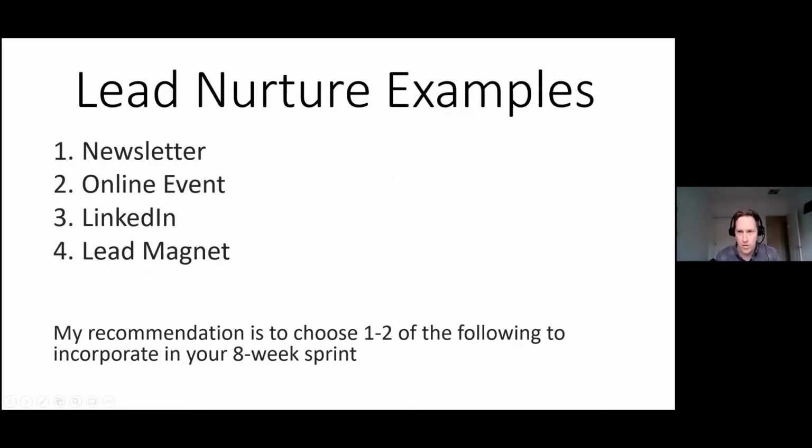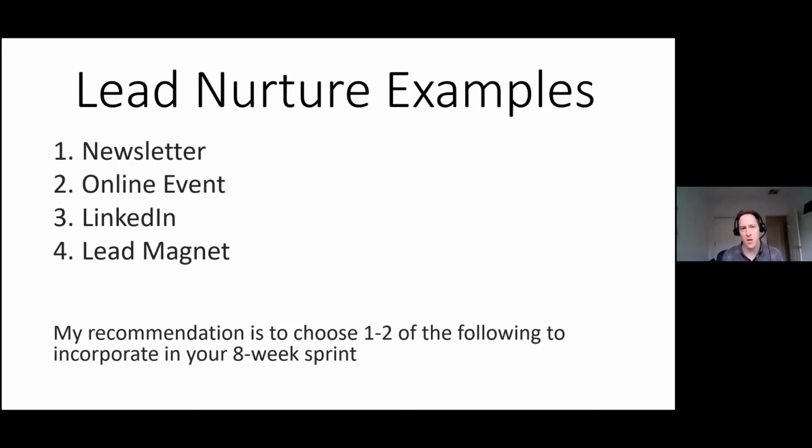So what we're going to do now is talk through some of these worked examples. I want to run through probably the four key ones: newsletter, online event, LinkedIn, and lead magnet. A newsletter is something you send out to educate your community and be top of mind.